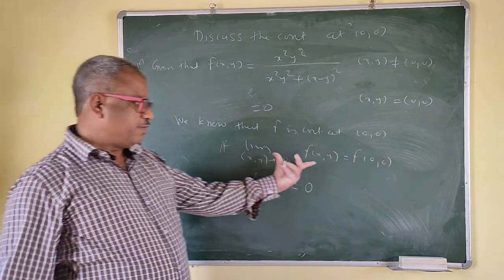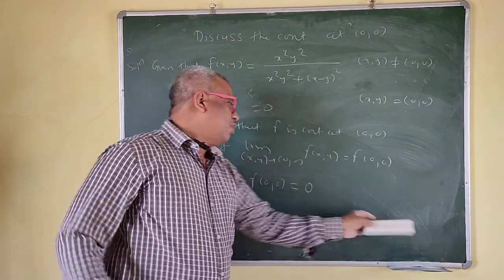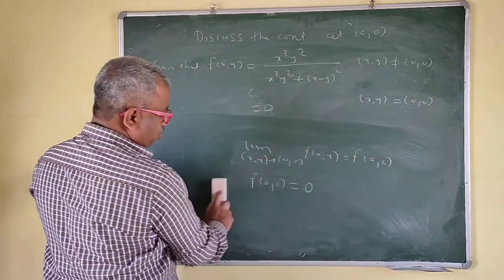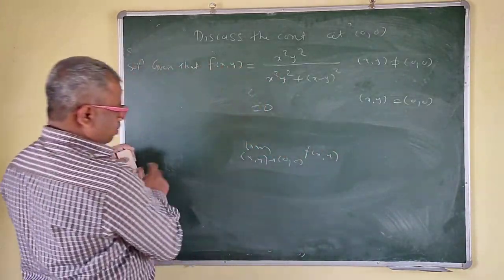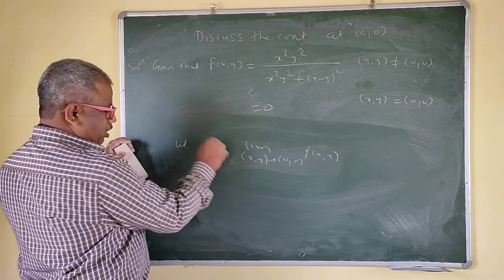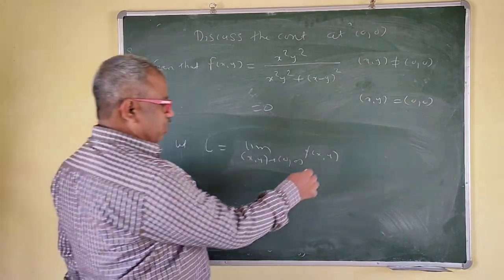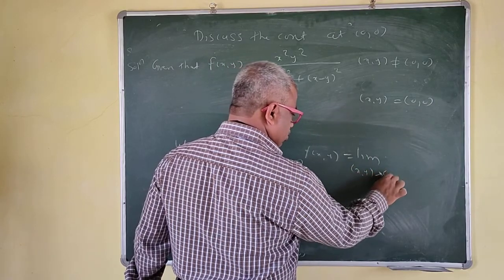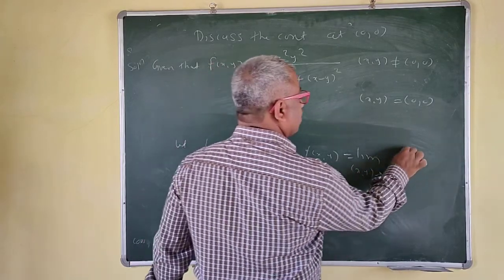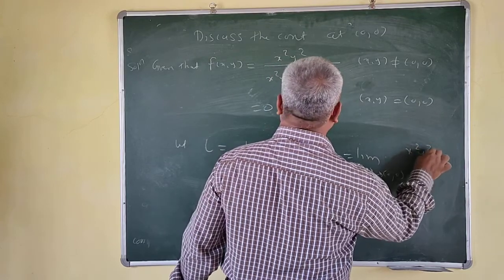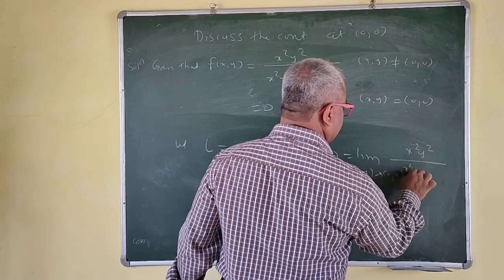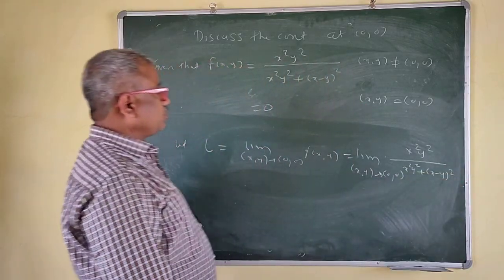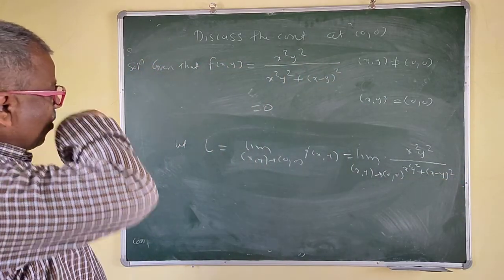Now we have to find this limit. Let L is equal to limit xy tends to 0, 0 of x square y square upon x square y square plus x minus y square. So what to do for this path?